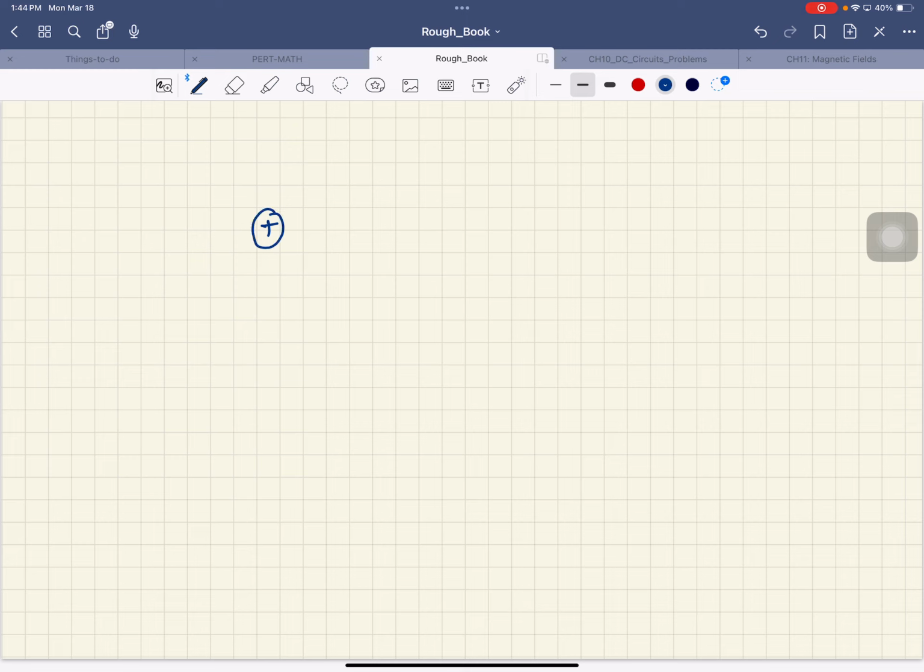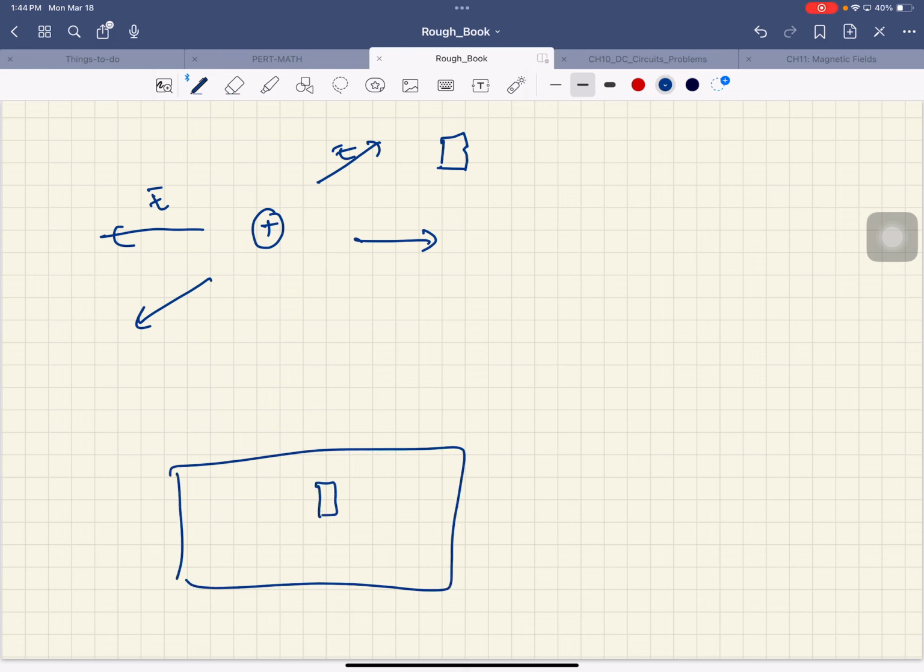Here's a charge at rest in the lab, and you're in the lab there. What do you see? That this charge produces an electric field. Now here's your buddy, and he's driving by in a car.